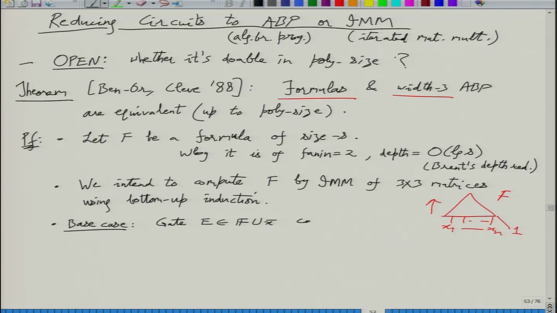So this gate can be computed as the matrix... can you guess? Because I cannot guess.